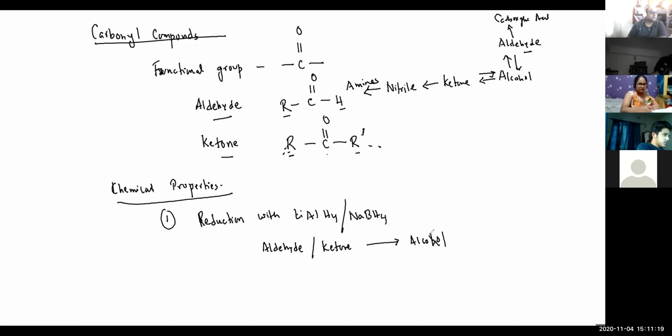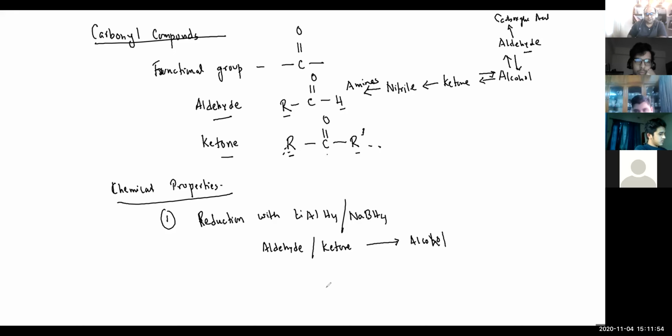In redox, I told you, if you remember, four criteria of reduction. Number 1 is gain of electrons, number 2 is reduction in the oxidation state, number 3 is loss of oxygen, and number 4, what was it? Something with hydrogen. Gain of hydrogen, right?